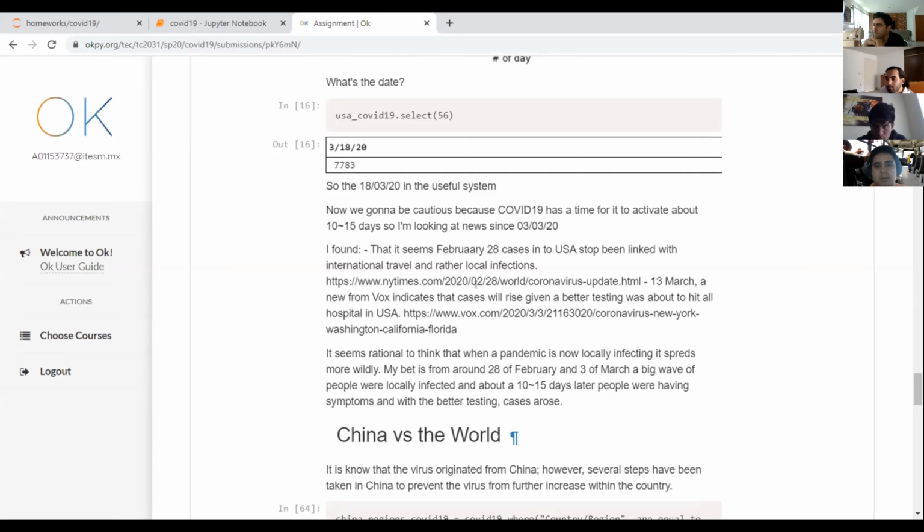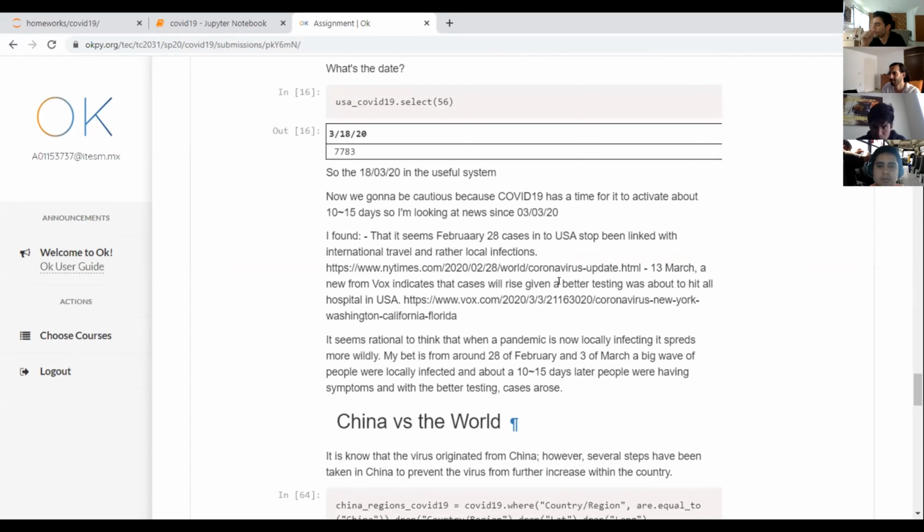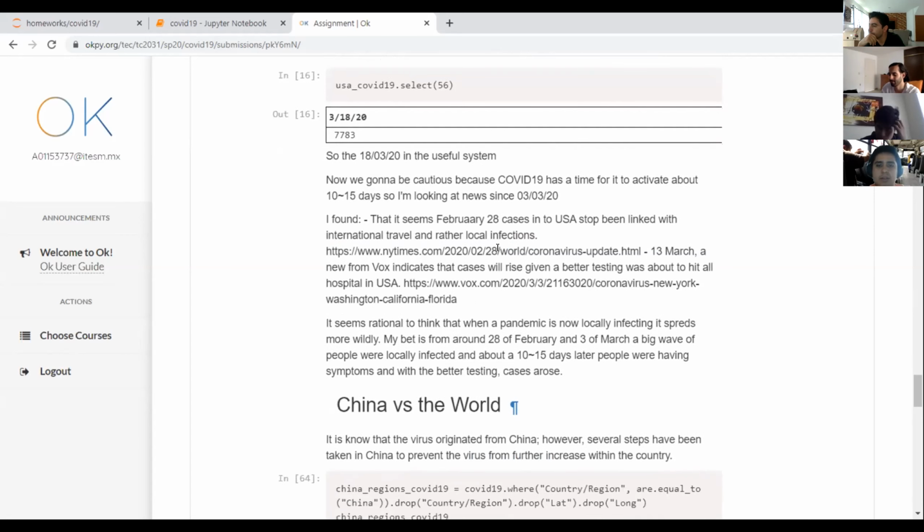And as we know, the phase for detecting new contagious people for COVID is about 10 to 15 days. So this information was from February 28, and we also have another news item from Fox that says that on March 30 there would be a surge in cases in the United States because better testing was being deployed around the whole country.